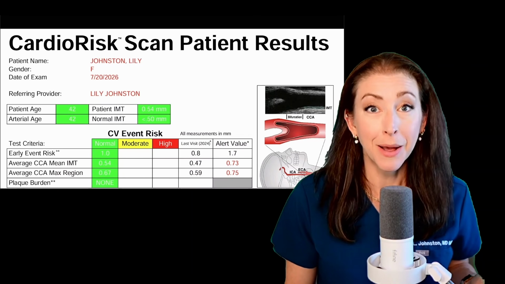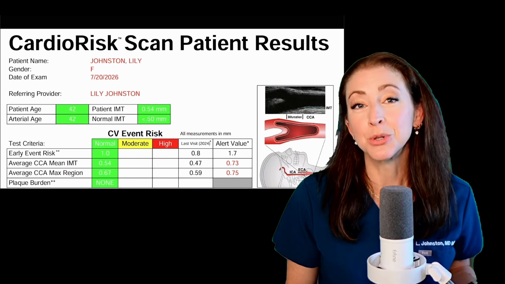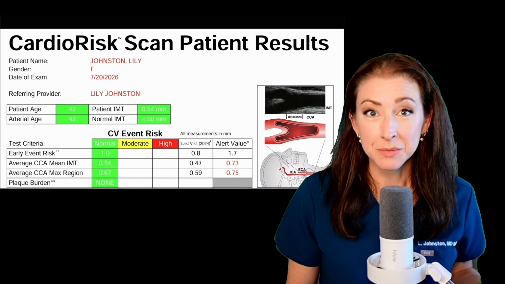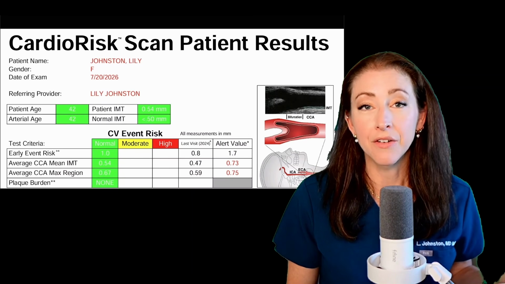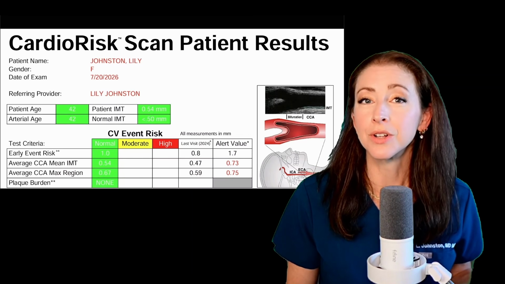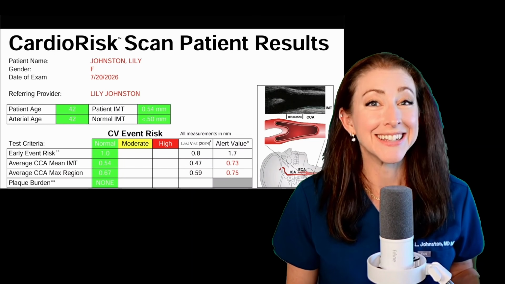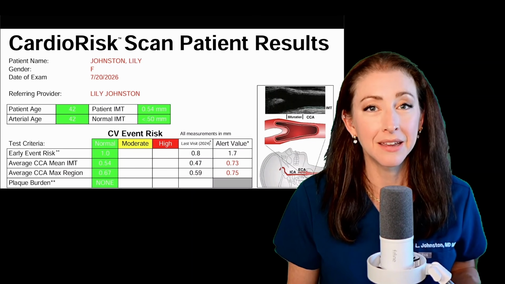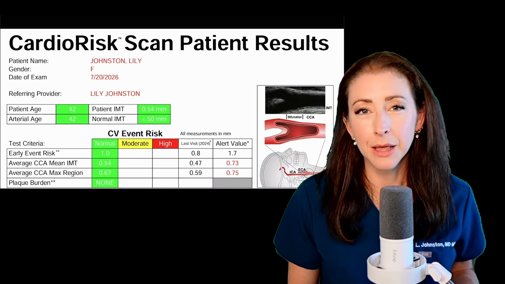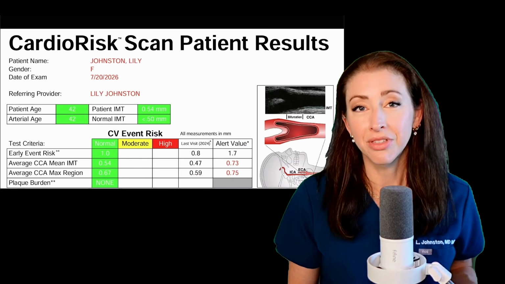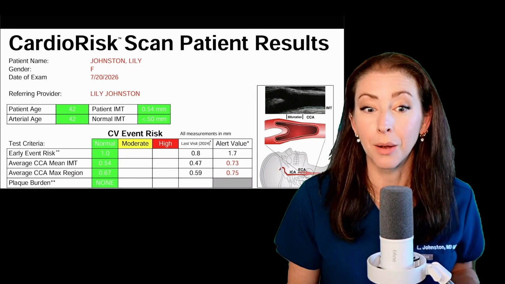This is good. This is positive, and this is absolutely the time when you want to be detecting these changes, because this is where we have all the time and opportunity in the world to make adjustments and get another scan in 6 to 12 months and see what's happening before we ever really develop a lot of plaque, or if you have some plaque, before that plaque becomes a real problem, okay?